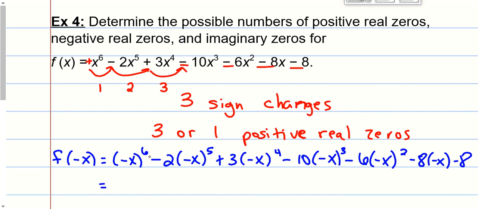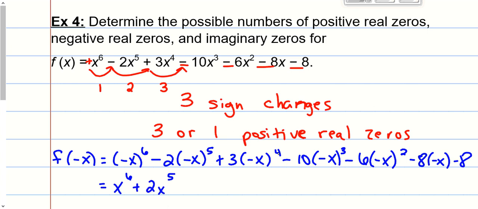It's not a lot. Just remember, a negative raised to an even power comes out positive. A negative raised to an odd power comes out negative, and then we have to multiply. So negative x to the 6th is just x to the 6th. And then we have negative 2 times a negative to the odd. Negative to the odd power, negative to the 5th power, is negative. Times that negative is positive 2x to the 5th.